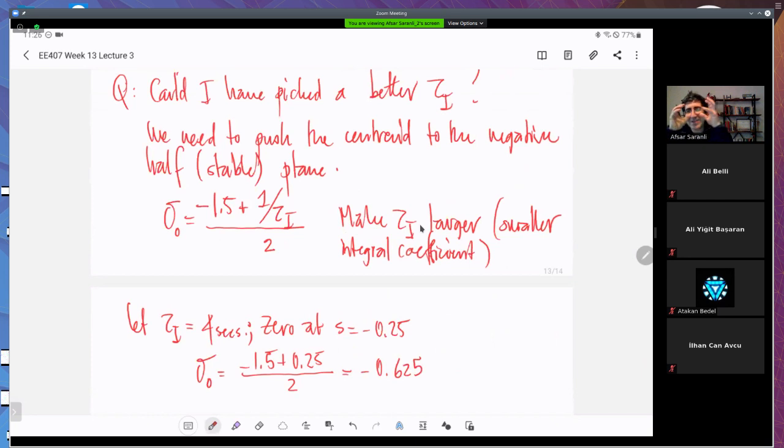You see that you don't have much to do, because tau I is necessarily positive. So as you increase tau I, yes, this positive term diminishes, and so you have just a little bit pushing to the left, but it is bound by minus 1.5 divided by 2. So you cannot go any further to the left than minus 0.75 in any case. Okay.